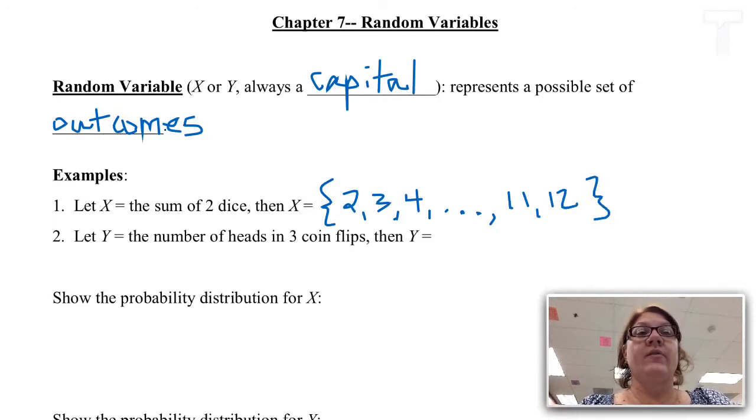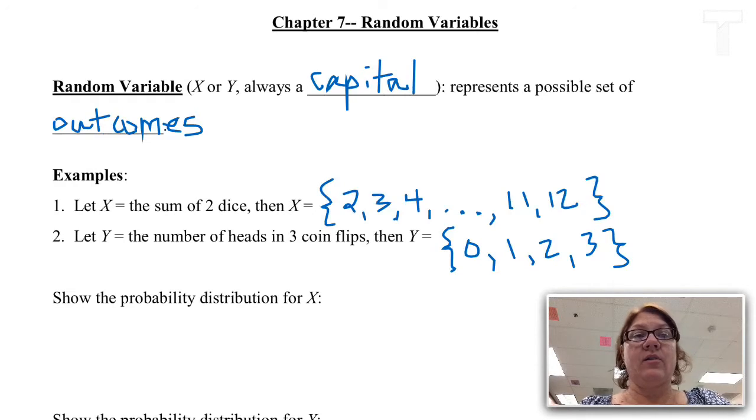So random variable X could have that set of outcomes if it was the sum of two dice. If I look at the number of heads in 3 coin flips, we actually made the tree diagram for this, and it was possible that I had no heads, in other words, they all came up tails, or I could have 1 heads, or 2 heads, or 3 heads. So random variable Y would be that set.